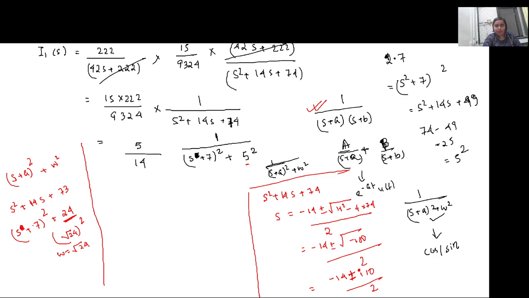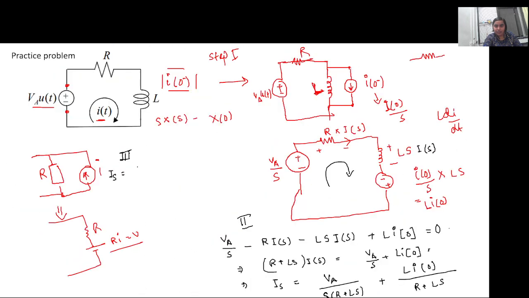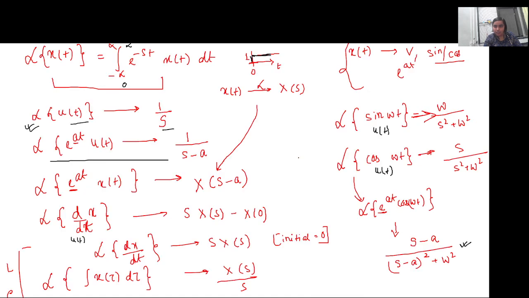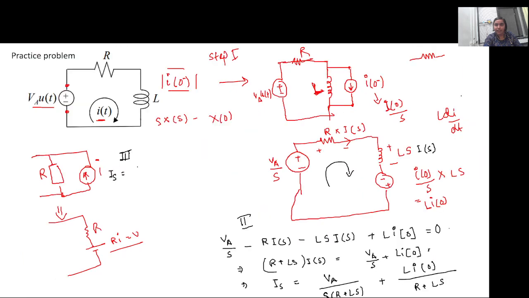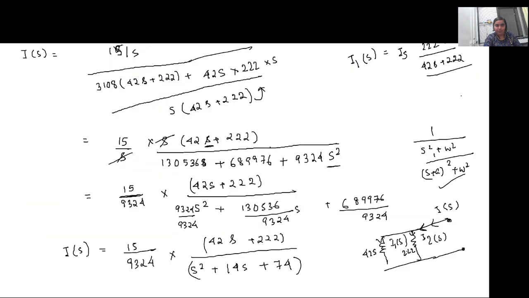In case of sine, when we take the inverse Laplace transform of the sine function, omega has to be in the numerator, right? So we will multiply the numerator and denominator by omega, and then we can take the inverse Laplace transform.